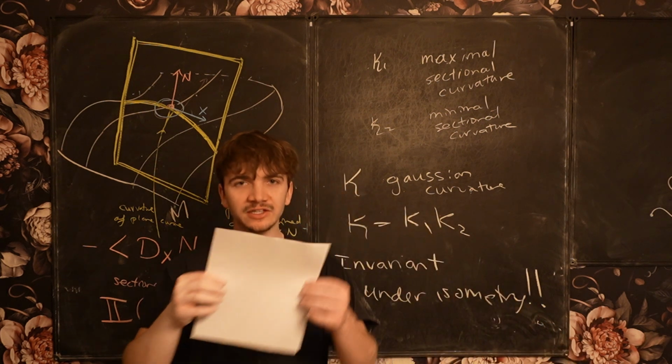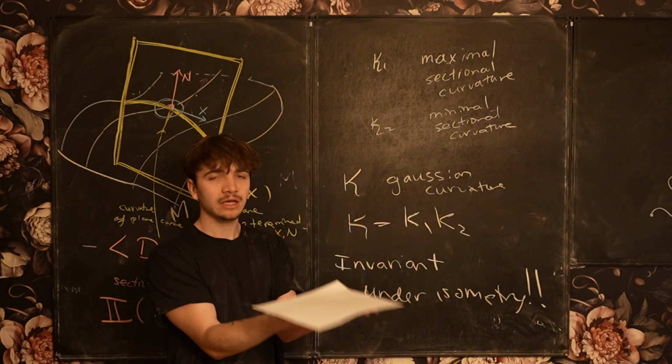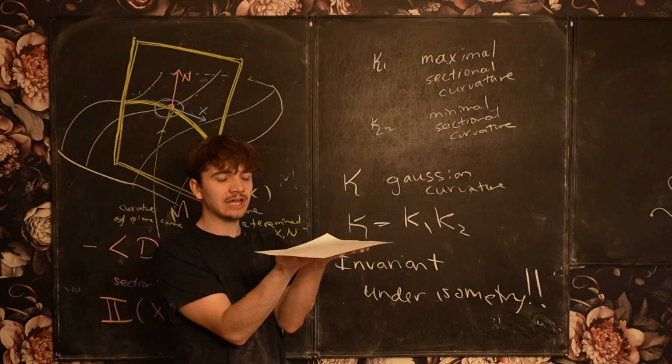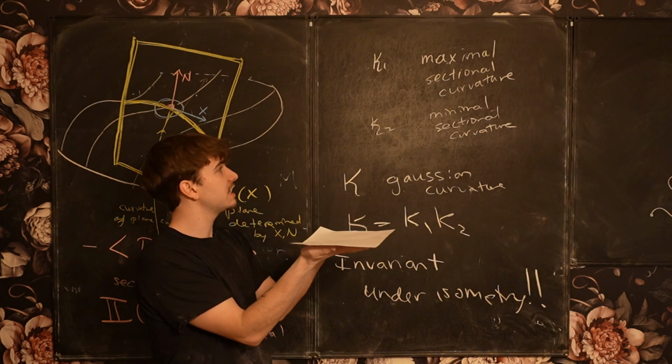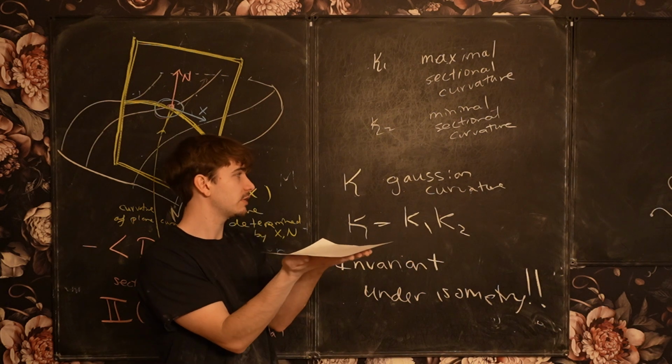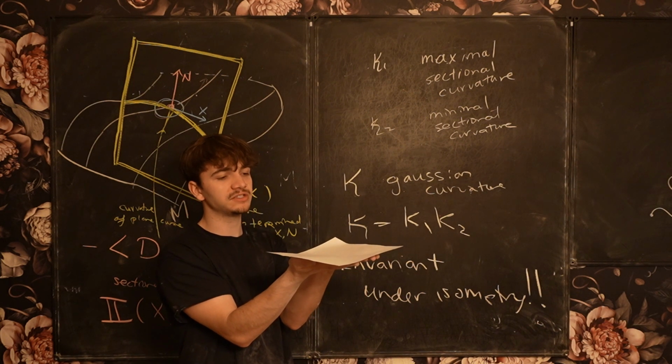Okay? So if I take this piece of paper here, I can embed it in three-dimensional space just as a flat piece of paper, and the Gaussian curvature is going to be 0. In fact, the sectional curvature everywhere is 0.